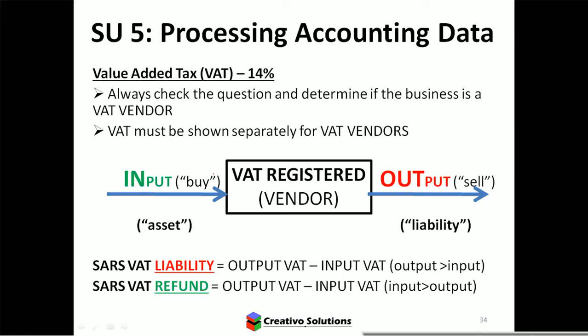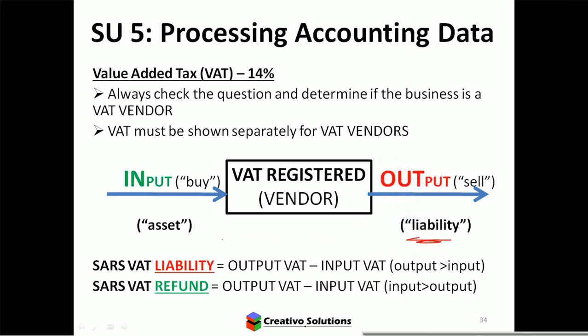Are you entitled to it? No. So you guys are probably registered for VAT. Every time you sell something, there'll be 14%. Who do you pay that to? Correct. So that's a liability. Output VAT is a liability because it's not yours, it's someone else's.